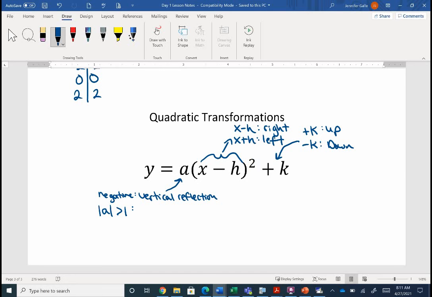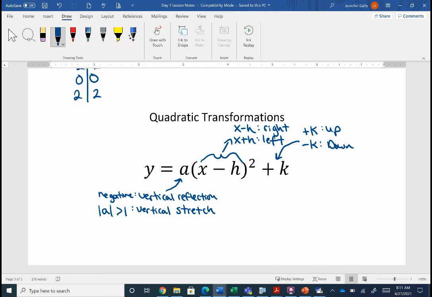So basically, if I ignore the sign, whether it's negative or positive, if that value is bigger than 1, that's when our graph went up faster, our graph looked skinnier or more narrow, because it's being vertically stretched. It's being vertically stretched. So our graph looked a little more narrow. We multiplied by 2 yesterday in example number 4, and our graph got a little more narrow.